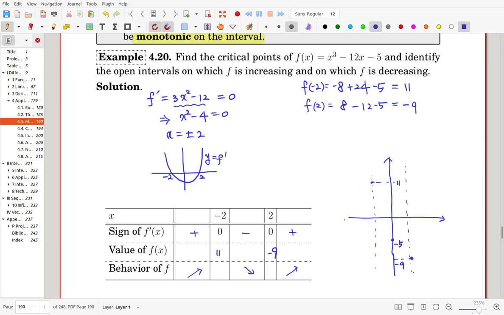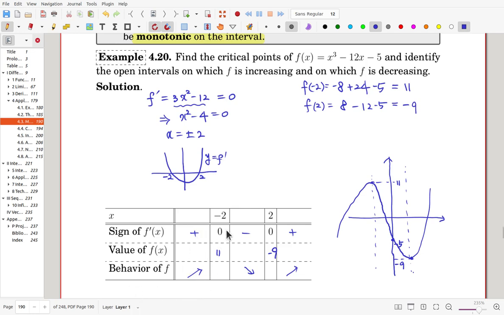It looks like it comes up, changes horizontally and goes down, passing this intercept. And then here it passes this one and starts coming up like that. That is a rough sketch. And through the derivative, we can see the behavior of f.